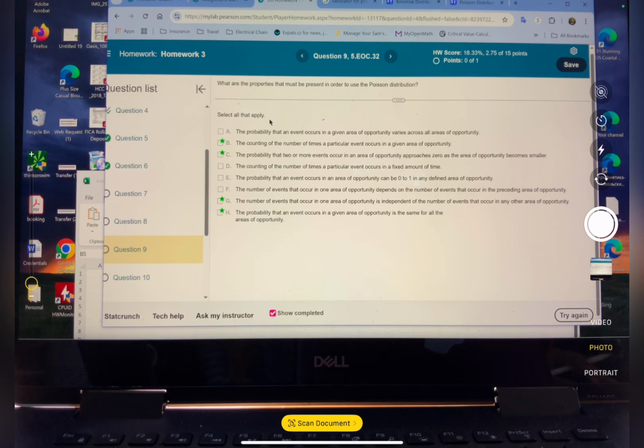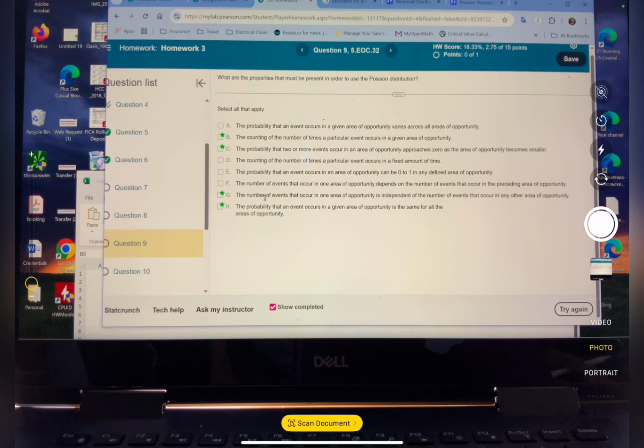The wider the time frame, the greater the chance that it will happen. So the smaller it is, the probability approaches zero. Next, the number of events that occur in one area of opportunity is independent of the number in another. Definitely the cases are independent. And lastly, the probability that an event occurs in a given area of opportunity is the same. Since they are independent, that probability is going to be the same from one case to another.